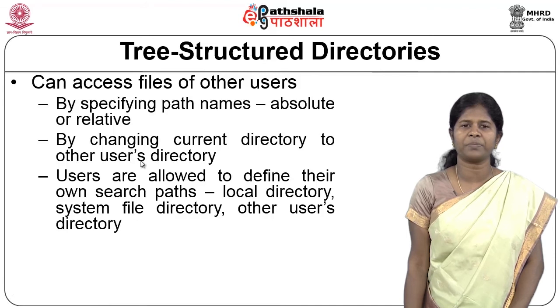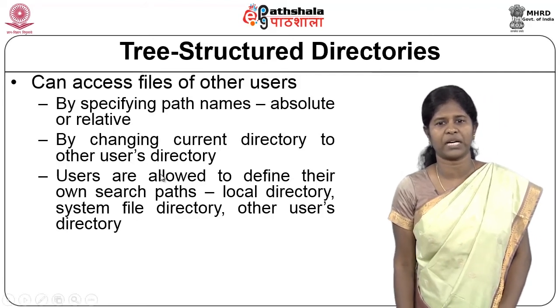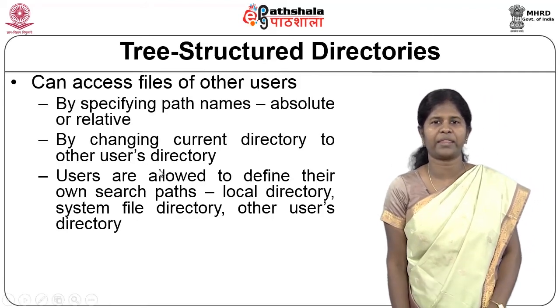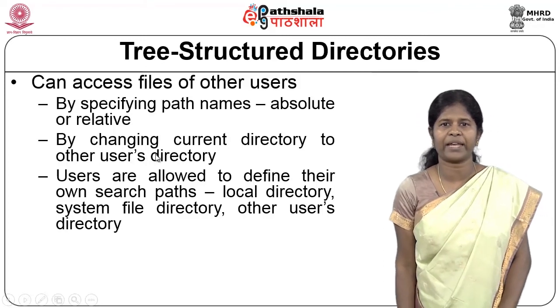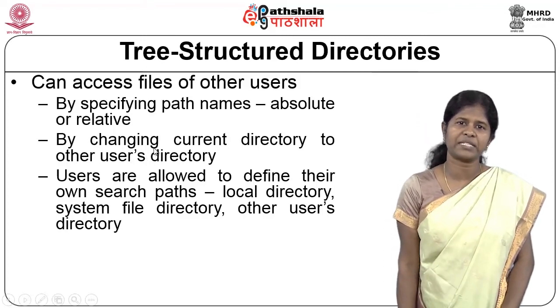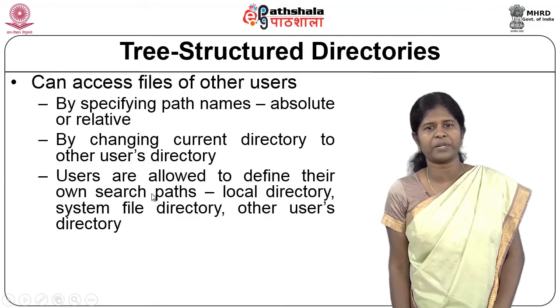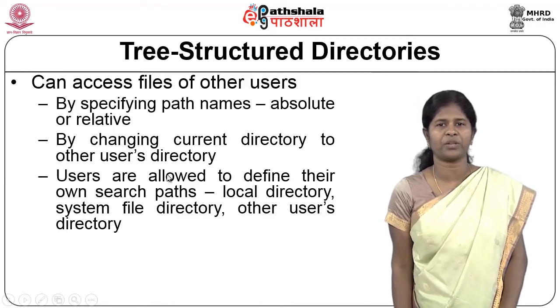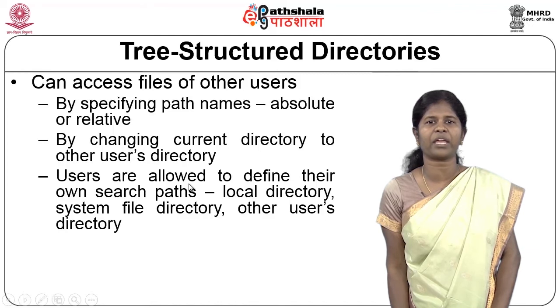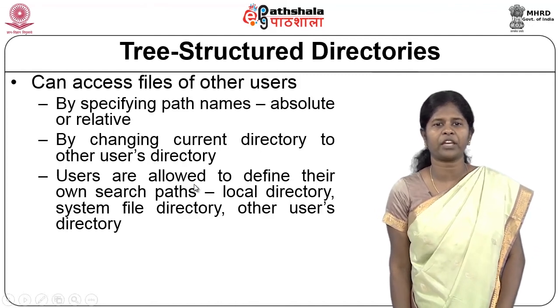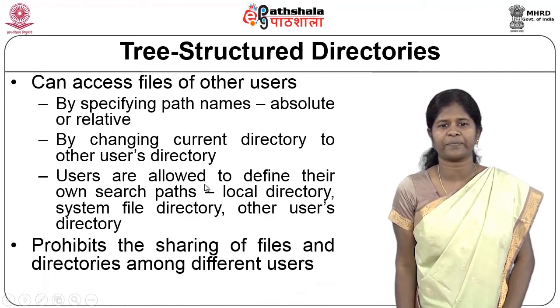It is also possible for users to define their own search path. You can say that first you search in the local directory, and if it is not present, then search in a system file directory, or else in some other user's directory and so on. So, the sequence in which the search has to happen can also be provided by users.